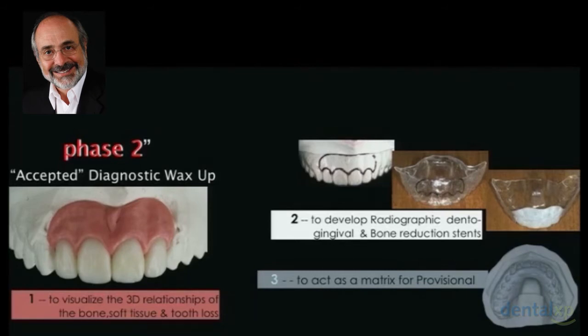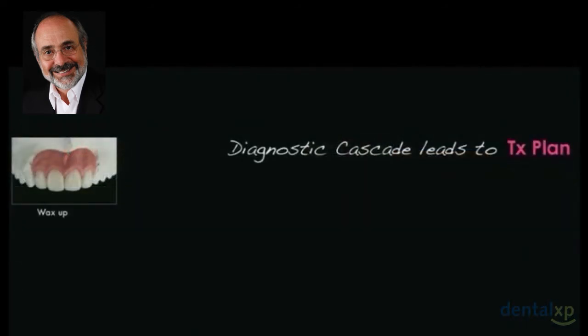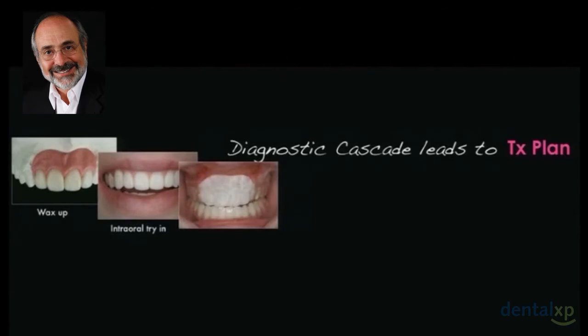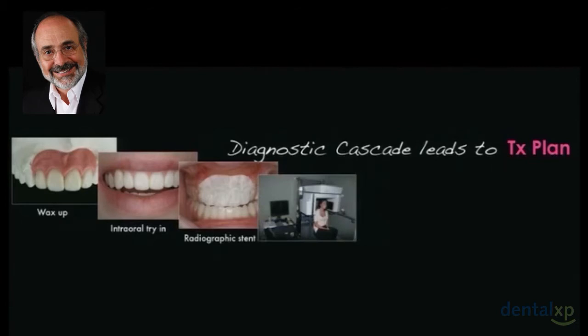I put the implants in, this is what I anticipate you're going to make the teeth look like. You know in advance, don't have to work this out. So we have a diagnostic cascade. You have the wax-up, we try it in, we make any changes, and we like it. Based on that, we do a barium sulfate scan, and we put her into a CBCT.